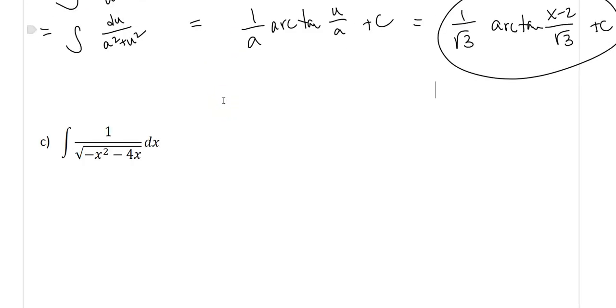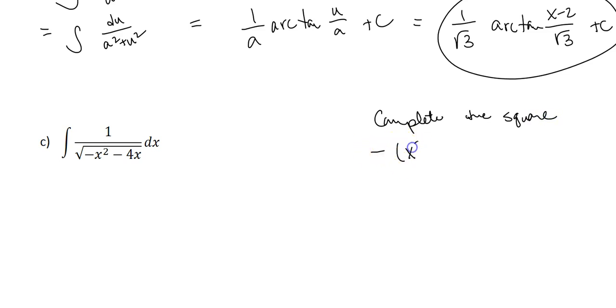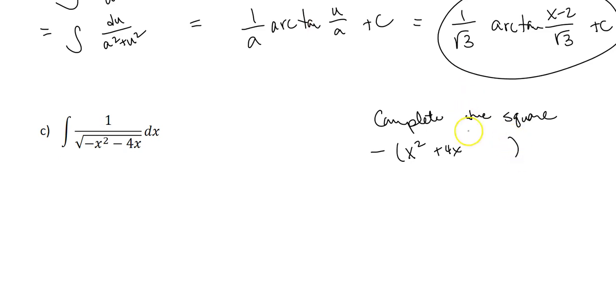Another one of these, this one is 1 over the square root of negative x squared minus 4x, and that negative inside the square root tends to trouble people, but if you complete the square, I'm going to factor out the negative, so I have negative x squared plus 4x, and then I'm going to add, the b here is 4, so b over 2 is 2, so I'm going to add 2 squared, and then I'm going to subtract negative 2 squared, the opposite of what I actually added.